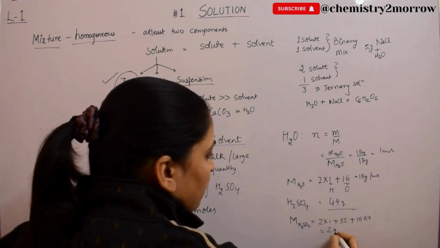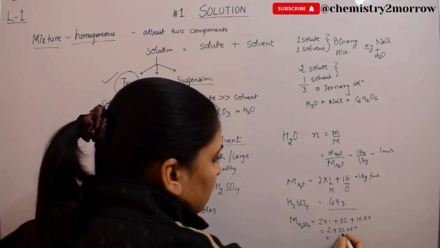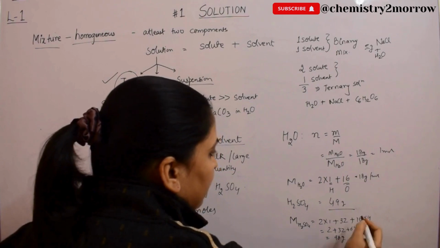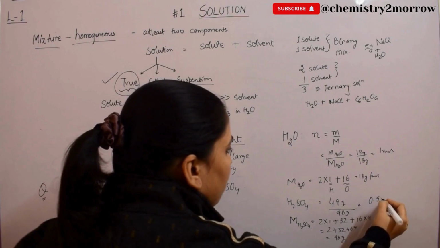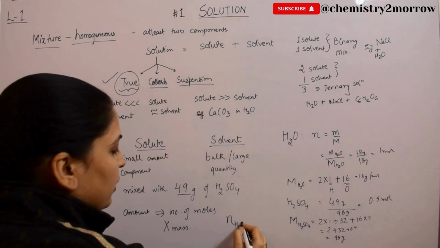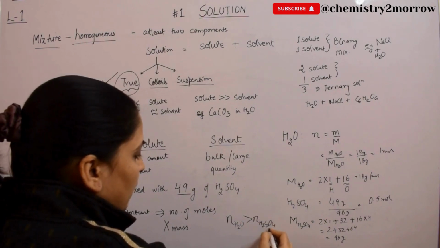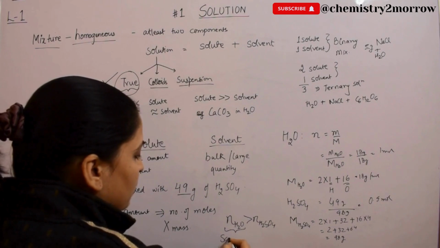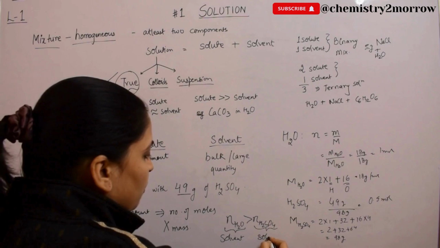So this is 2 plus 32 plus 64, 98. So 98 grams. So this is 0.5 mole. Now we know since the number of moles of water is more than number of moles of sulfuric acid, therefore water is a solvent and sulfuric acid is a solute in this case.